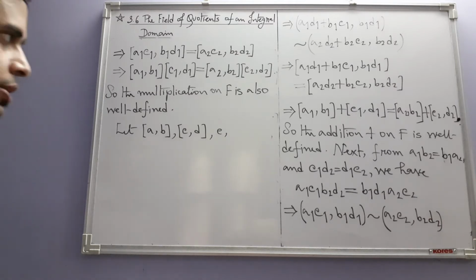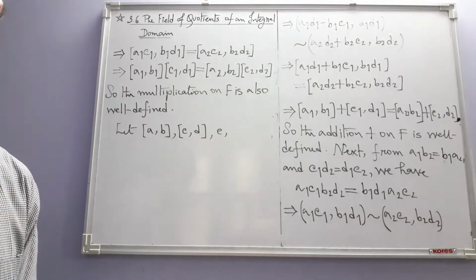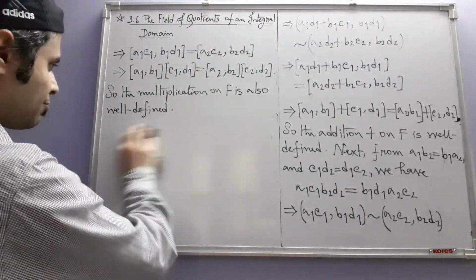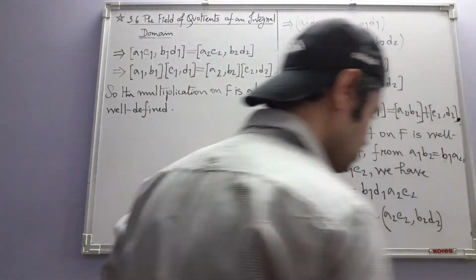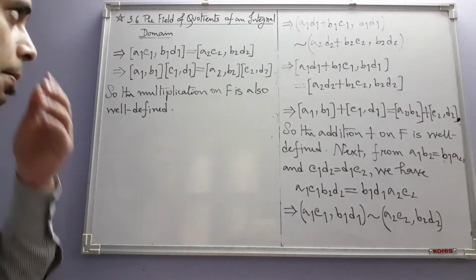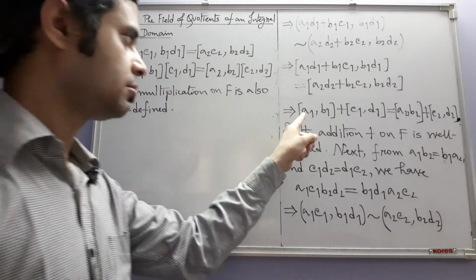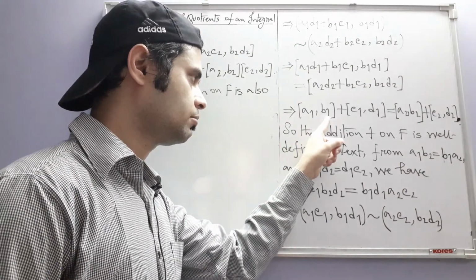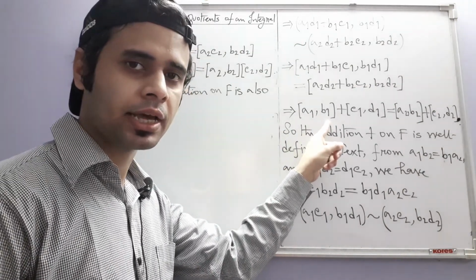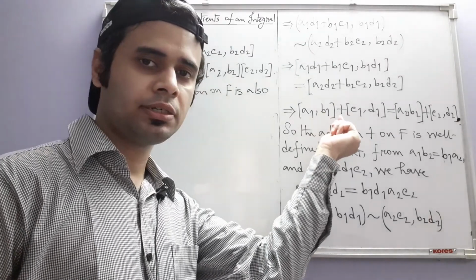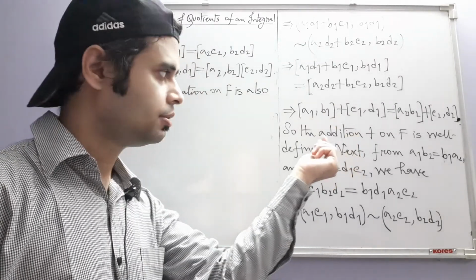I should have mentioned that before saying that these operations are well defined. See, after you write, did you notice one thing? Although we are considering equivalence classes like this, the second coordinate of any representative is non-zero.